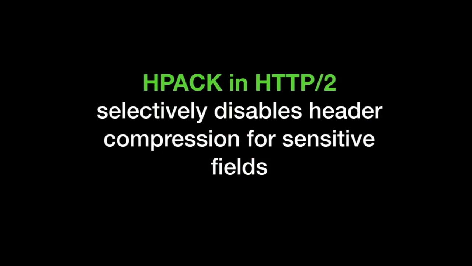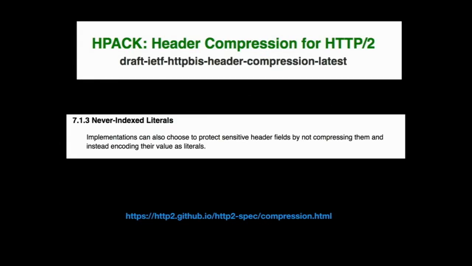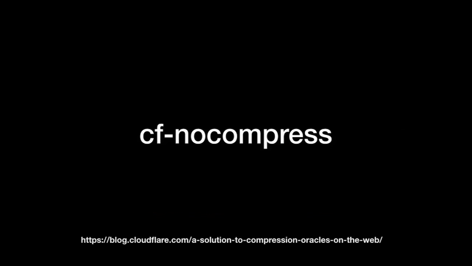The way they fixed it in HTTP/2 is using something known as HPACK. I believe this already started from SPDY. The way HPACK works is by excluding sensitive information. They have something known as never-indexed literals. So if you're going to compress something that is sensitive, like cookies or authorization headers, you just completely disable compression.